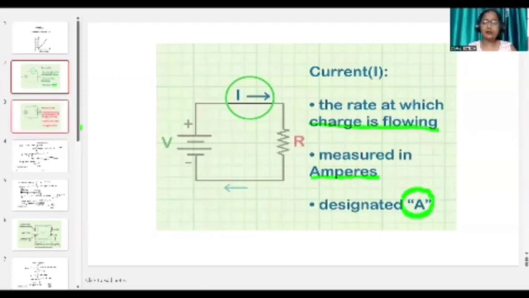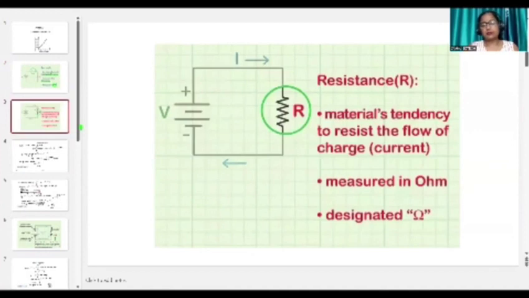Okay. Now, in a metallic conductor, the flow of current is due to the flow of free electrons. Now, inside that conductor, even positively charged particles are there, which try to block or obstruct the flow of electrons.